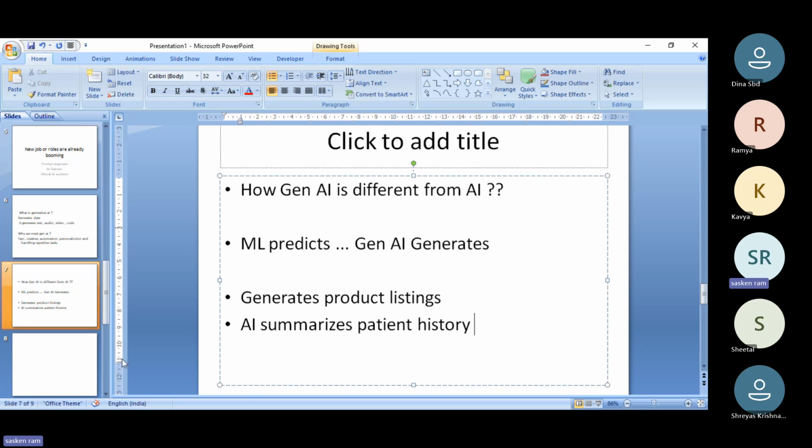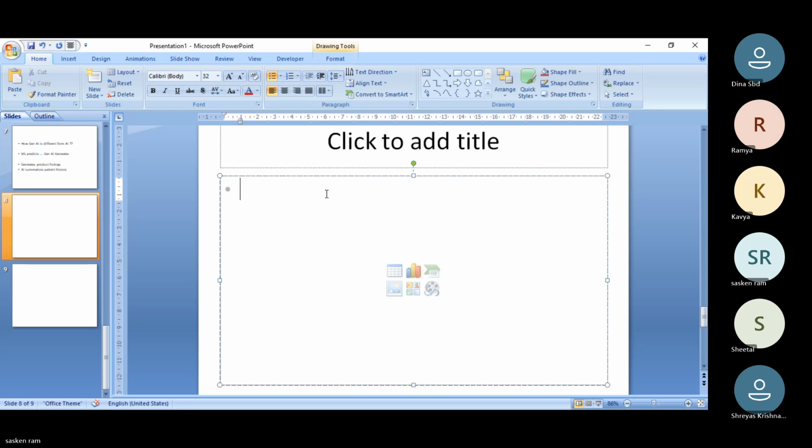what LLMs are. Yesterday also we discussed. LLM stands for large language model.